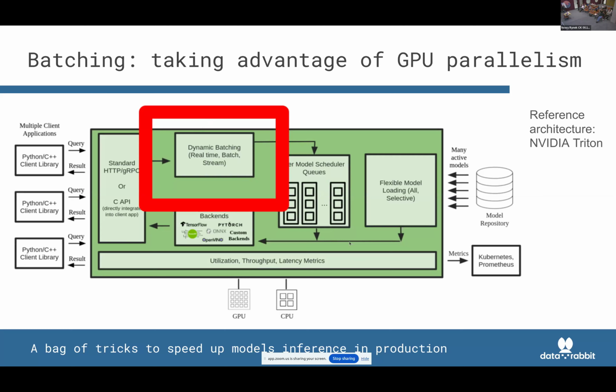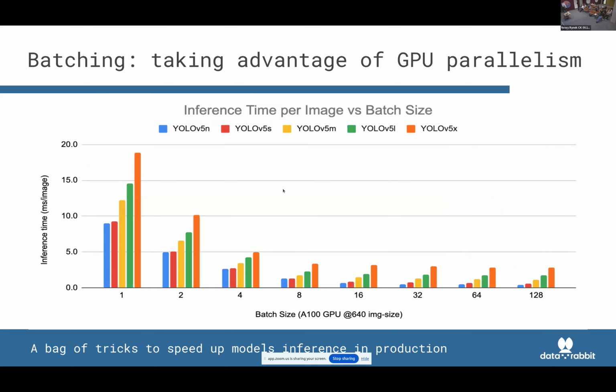Yeah, here are just the numbers for YOLOv5. If somebody does not know this, this is an object detection model. Not that we really care. What is of interest to us is the inference time on the y-axis, and on the x-axis we have the batch size.